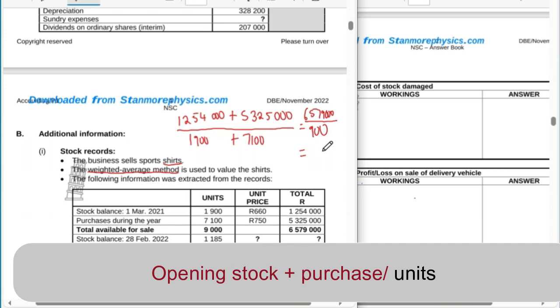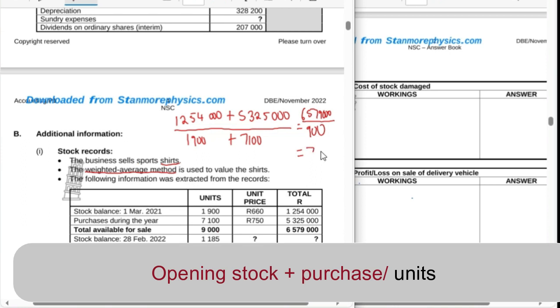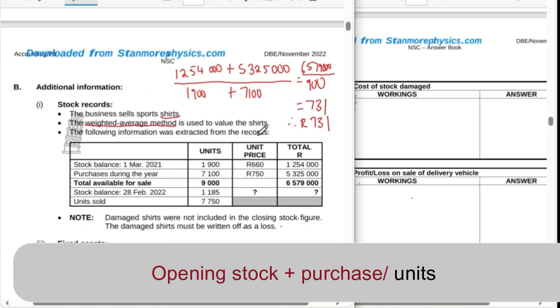We are going to say 6,579,000 divided by 9,000, and then equals 731. So this is our weighted price that we are going to use in order to determine the closing balance of stock and everything. And then guys, let's continue with our information.